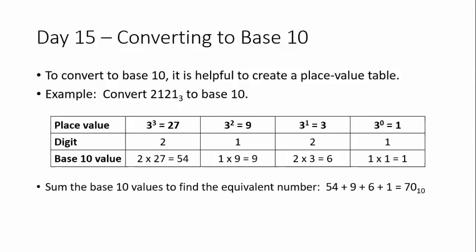I'm multiplying 2 and 3, and then 1 times 1. I add these products together to get the base 10 number. So I'm adding 54, 9, 6, and 1 to get 70 in base 10. So the number 2121 base 3 is equivalent to 70 in base 10.